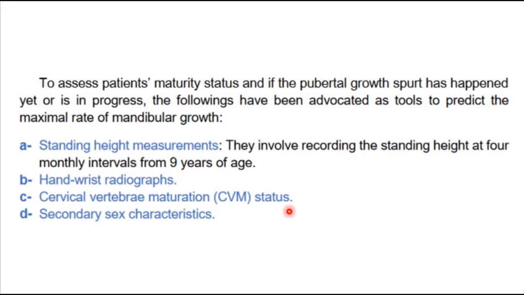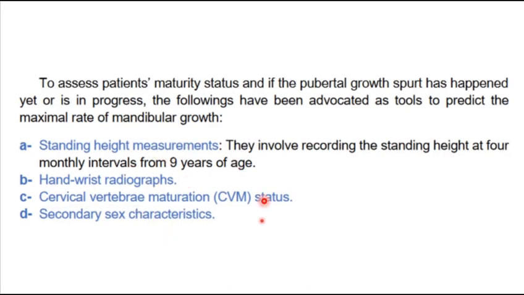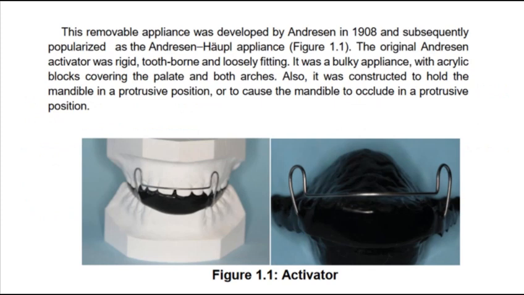Cervical vertebral maturation status is taken from the cephalogram, where the cervical spine, the atlas and its vertebrae, are seen for the maturity or the stages of the bone development. Apart from this, secondary sexual characters can also be used. Now we will go on speaking in terms of some of the orthopedic appliances such as the activator.